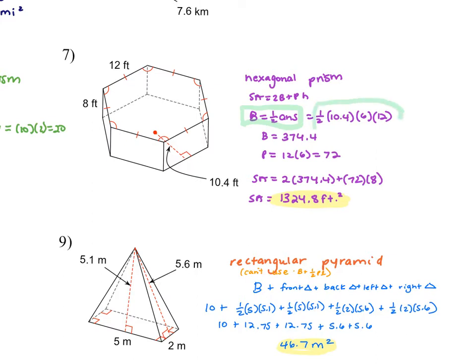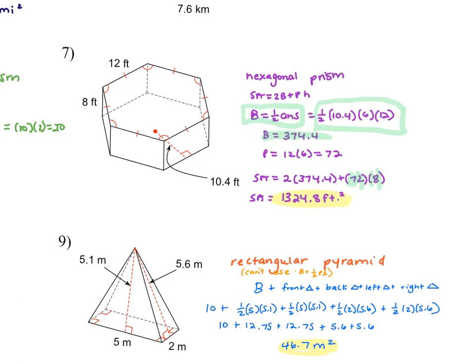So here is what we plugged in, and then the area of the hexagon base, which there's 2 of, is 374.4. Then for the perimeter of a hexagon, 6 sides, 6 times 12, 72. So then here's where you put in the perimeter times the height and then add it to the 2 bases. So this is 1,324.8 feet squared.